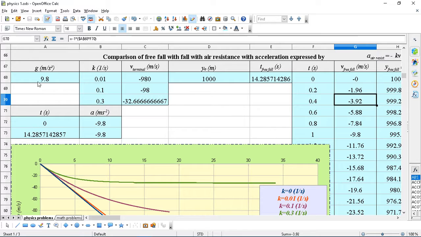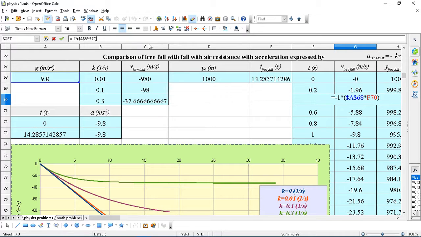So we have then that the velocity for the free fall is given by minus 1 times g, which is 9.8 meters per second squared, and is the value of cell A68, which we write in this fashion so that as we go down column G, this cell reference remains unchanged.